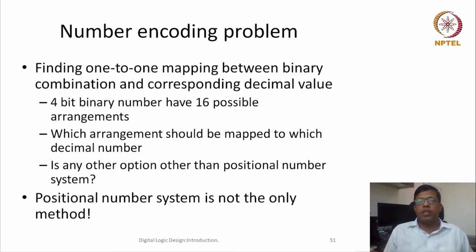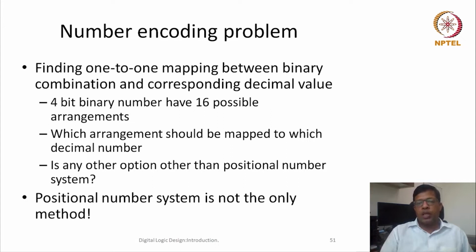Basically, in binary, is there any other mechanism or mapping to map these binary numbers to decimal numbers? Or should we conclude that the positional number system which we have studied so far is the only method, the best method of representing numbers using binary?